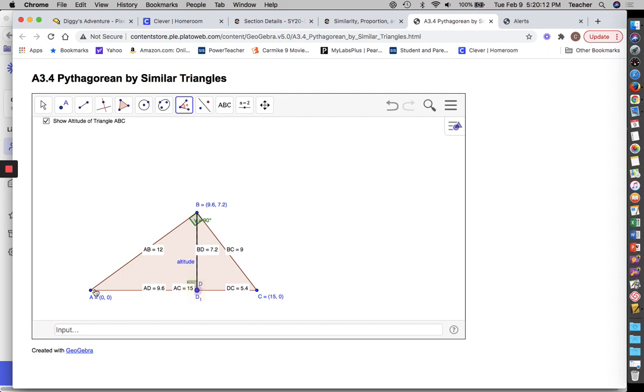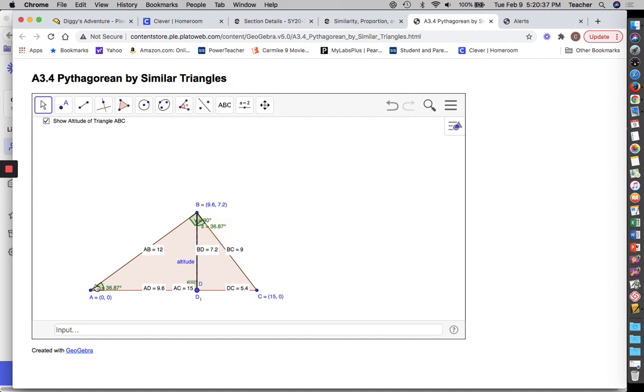I'm going to click on DAB to find this one. So it's 36.87. I'm betting it's the same thing as this little B right here. So I'm going to click on DBC. And look at that, 36.87. Move that so you guys can see. Look at that. 36.87.